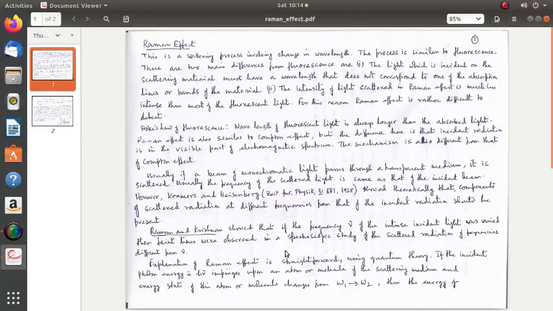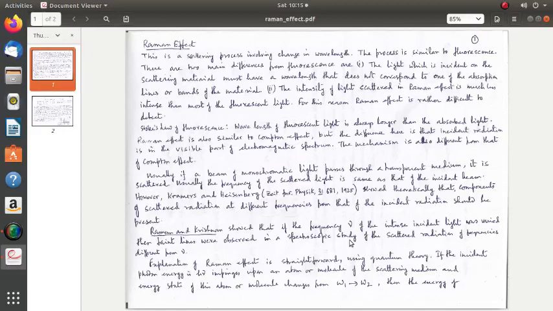Raman and Krishnan showed that the frequency nu of the intense incident light was varied. In their analysis, they varied the frequency of the incident light. Then they observed faint lines in a spectroscopic study of the scattered radiation, and they found that there are frequencies which are different from the frequency of the incident light.